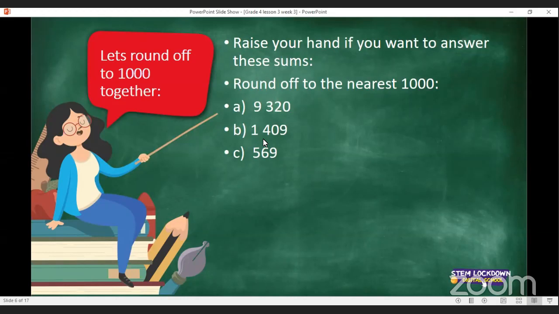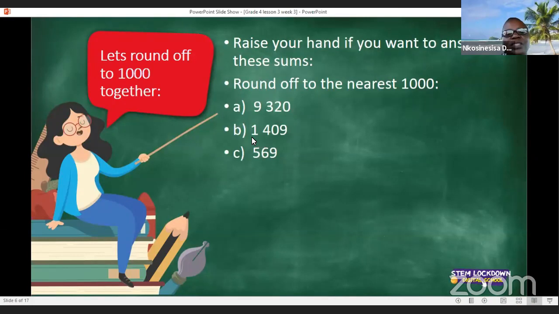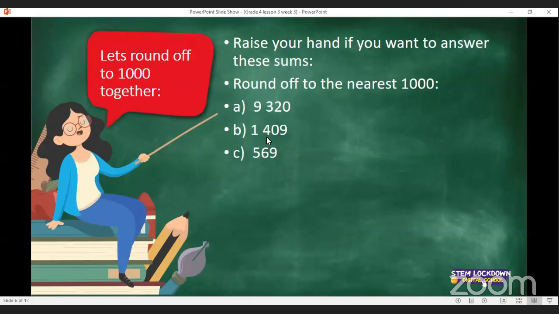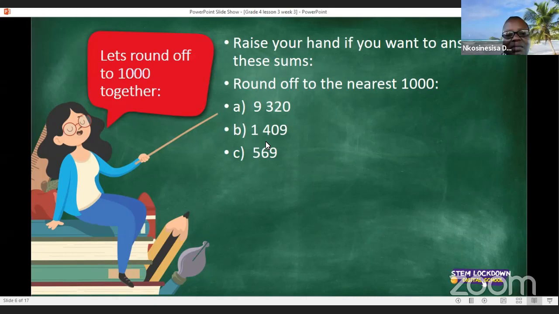You must look at the second. You must look next door, right? Which is the second number, yes. And what is the number next door? The number next door is 4. Yes. And then what do we ask ourselves about this 4?